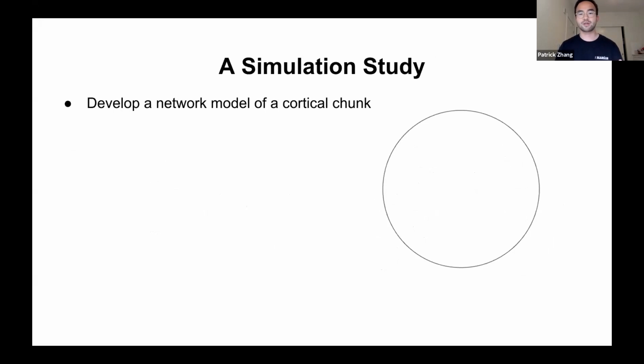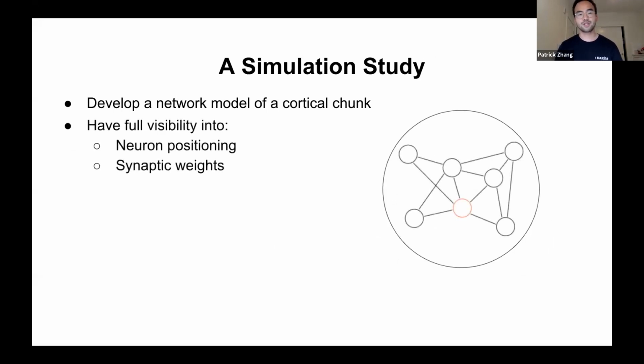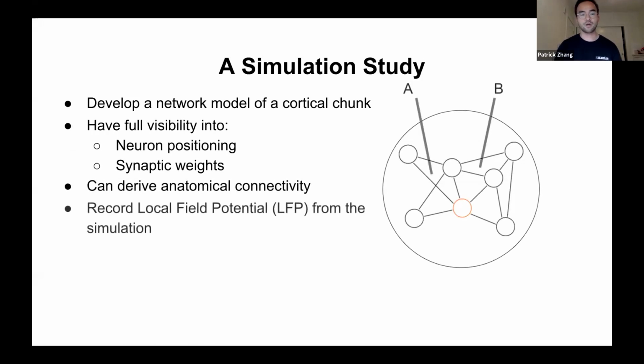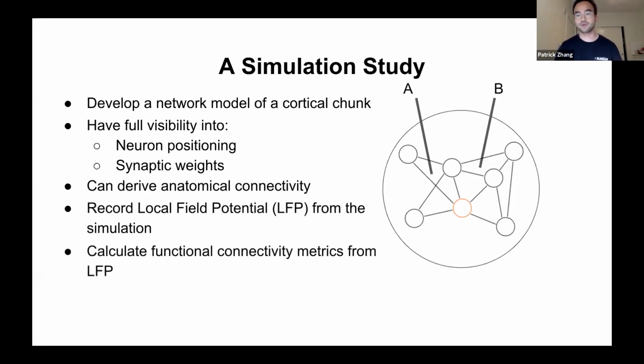So we're using a network simulation to study this, specifically a network model of a cortical chunk. Because it's a simulation, we have full visibility into both the positioning of neurons and synaptic weights between neurons, so we can use this information to derive anatomical connectivity. We also wanted to record local field potential from our simulation and use this LFP to calculate different functional connectivity metrics and then relate that back to anatomical connectivity.